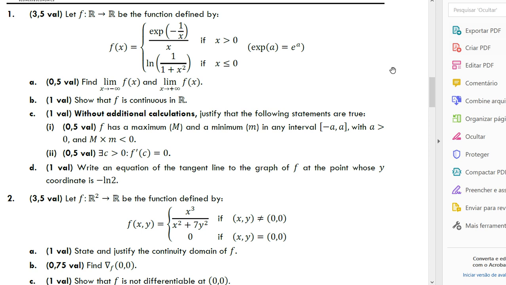So we have a function from R to R, a piecewise function, okay? And we are asked to find the limit to minus infinity and plus infinity, right?